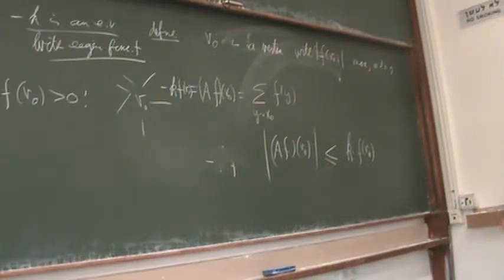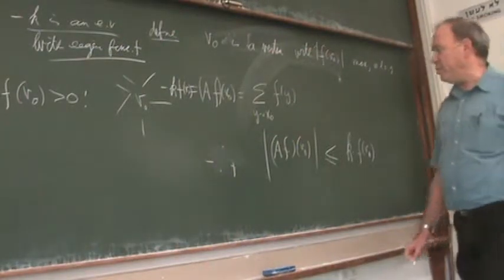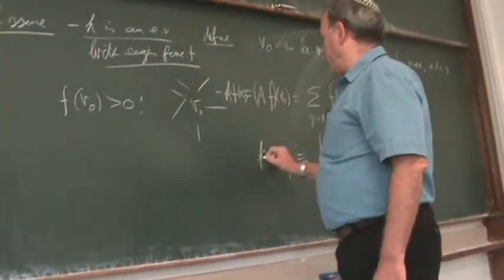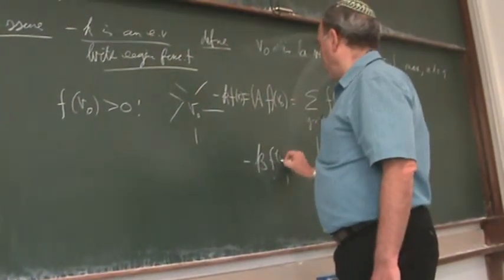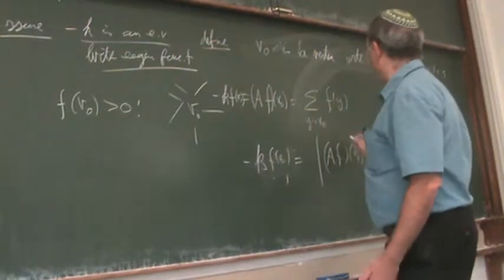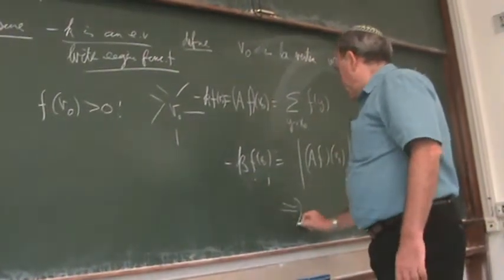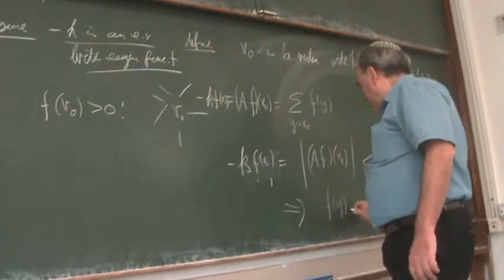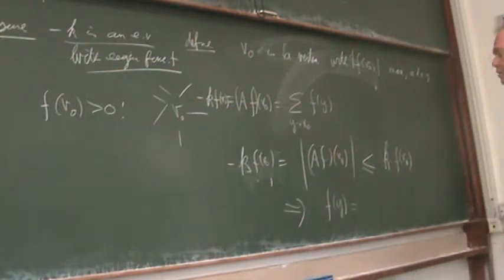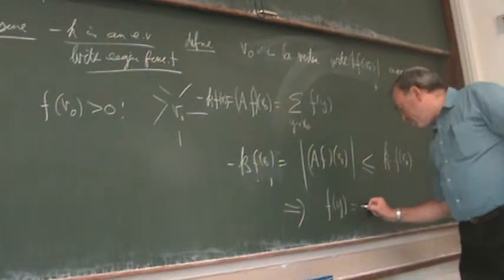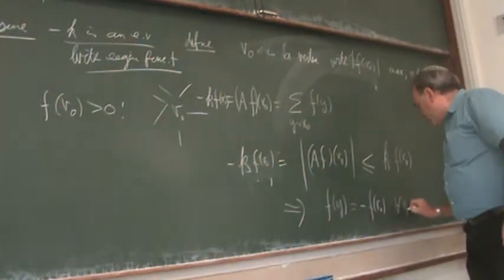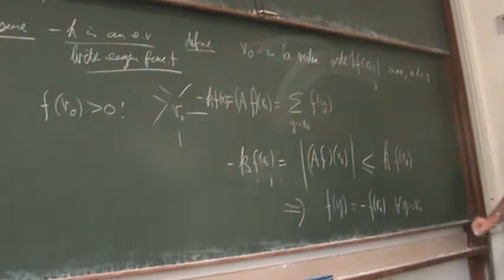On the other end, we know that it's equal in absolute value to k f of v naught. So the conclusion is that f of y must be equal to minus f of v naught for every y which is a neighbor of v naught.